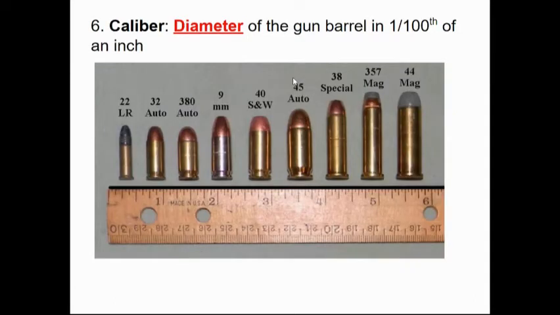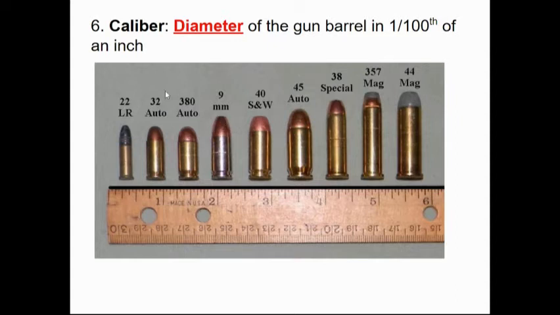Caliber is the diameter of the gun barrel considered in 1/100ths of an inch. Now, caliber, typically we're talking about it in inches, but we can also use the metric system. For example, a 9mm is going to be the diameter of the barrel for this.